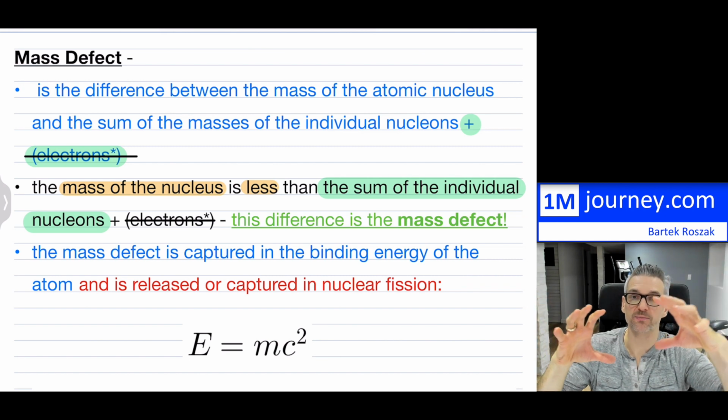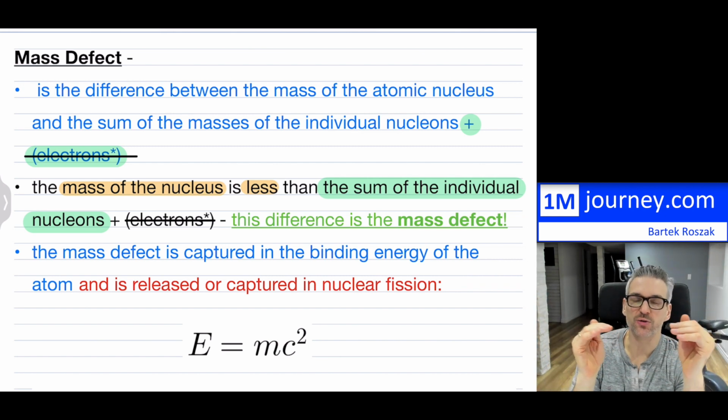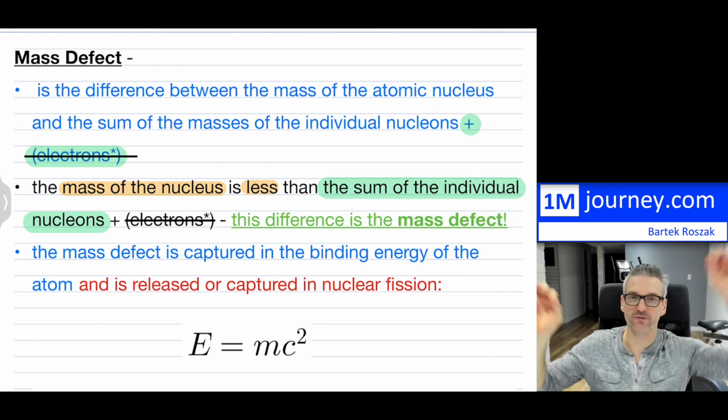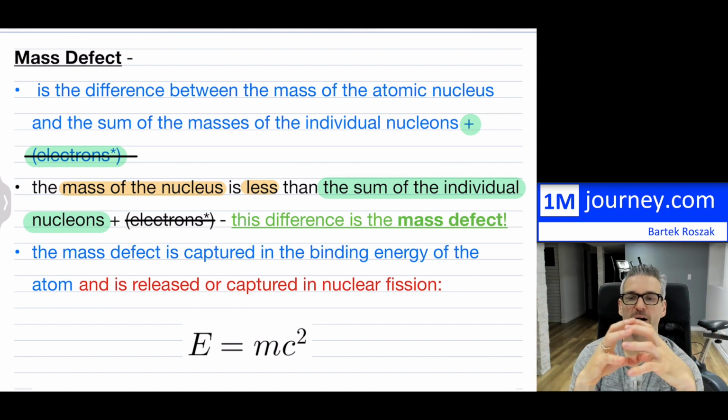But if you bring them together, you've now created the nuclear bonds. So the nuclear forces start to come into play. And that is the mass defect, the difference between being individually apart and being bound together as a nucleus on its own. And that difference we can find out and calculate.